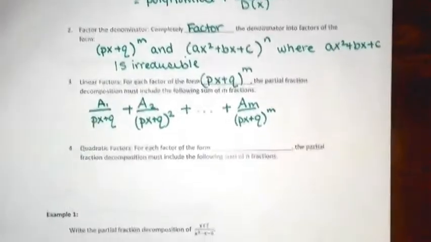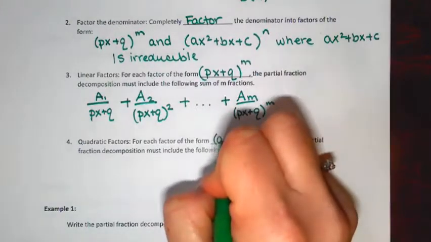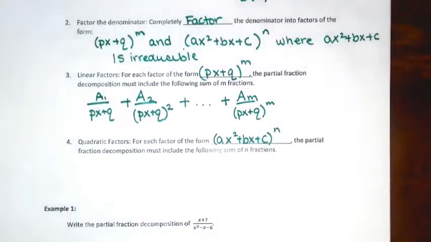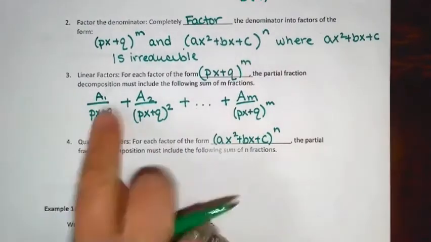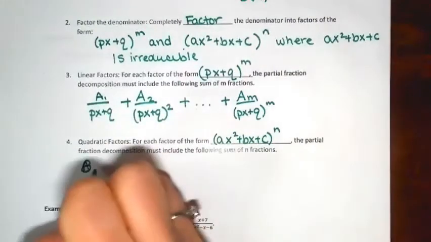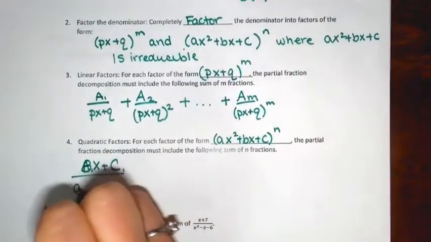Now, if we have quadratic factors, so now our denominator has an x squared, not just an x, not just linear. We have quadratics, in the form of ax squared plus bx plus c to the n power. The partial fraction decomposition now is, instead of just a, we use b: bx plus c sub 1 over whatever that quadratic factor is.